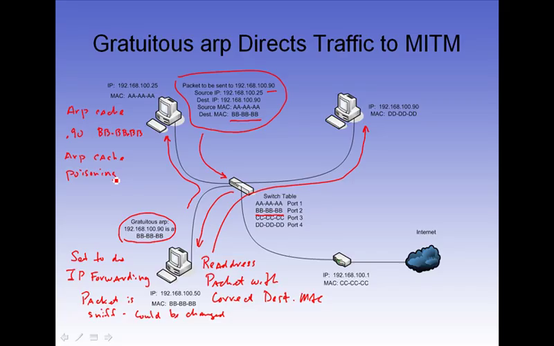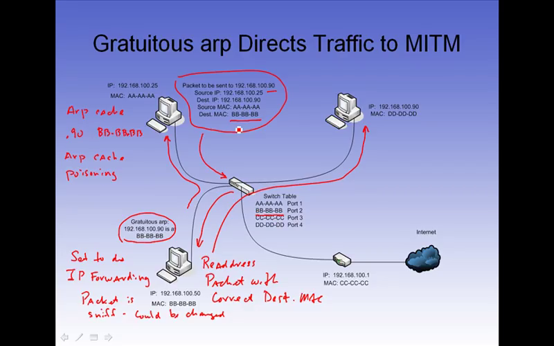If that computer needs to send a packet, it's going to look at its ARP cache first. And in this case, it's going to find an incorrect entry, but it doesn't know that and has no way to check it. So it will send the packet with an incorrect MAC address. Notice the switch switches the traffic based on just the MAC address.